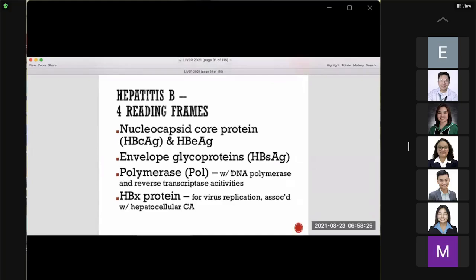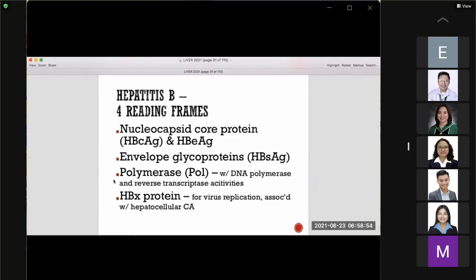We have the nucleocapsid core protein, or the HBc antigen. We also have the HBe antigen, which are used as determinants of hepatitis B serologically. We have the envelope glycoproteins, the HBs antigen. So we also determine this serologically.